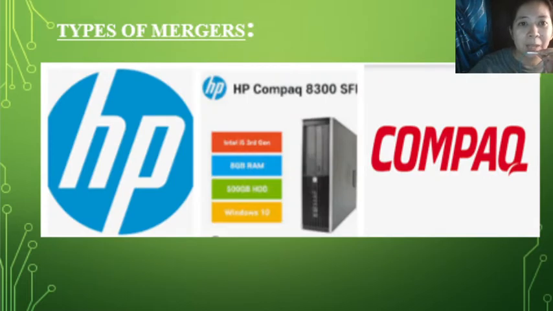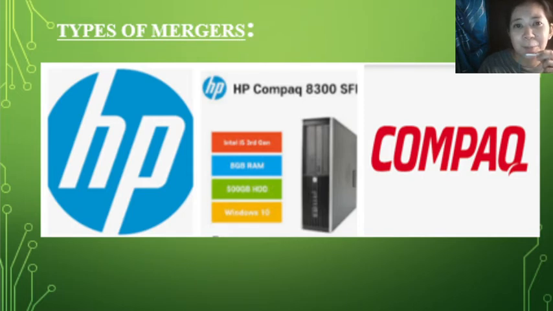A famous example of a horizontal merger is the merger between HP, or Hewlett Packard, and Compaq in 2011. The successful merger between these two companies created a global technology leader valued at over $87 billion US dollars.